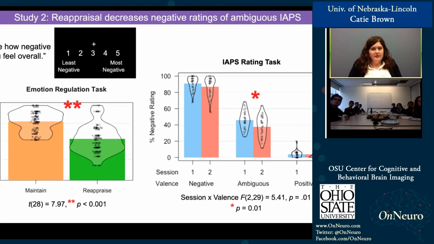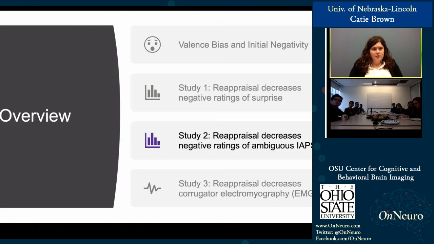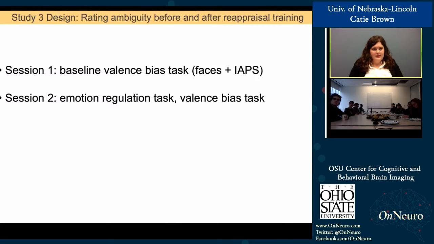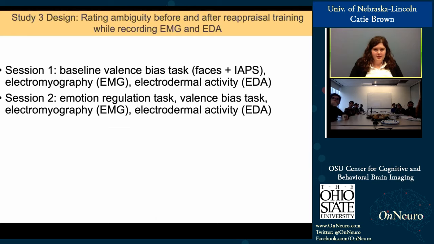So this is where psychophysiological measures really help out, because that's something that you have a lot less control over. And so that's what study 3 included, the same exact tasks and stimuli, except we had participants rate blocks of faces and blocks of IAPS, and we also measured EMG and EDA during all the tasks.